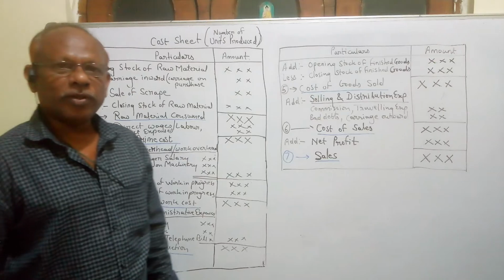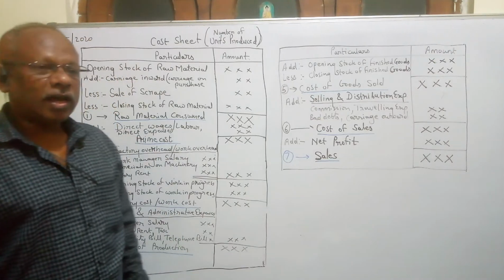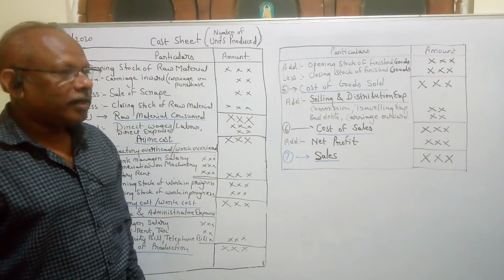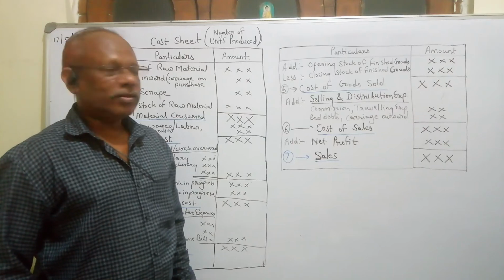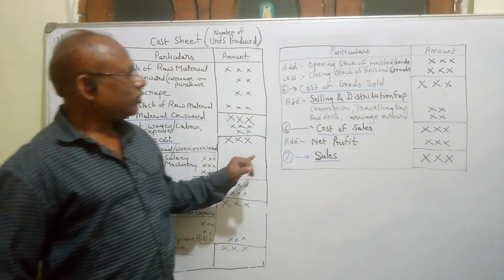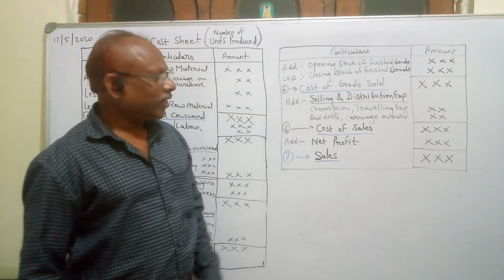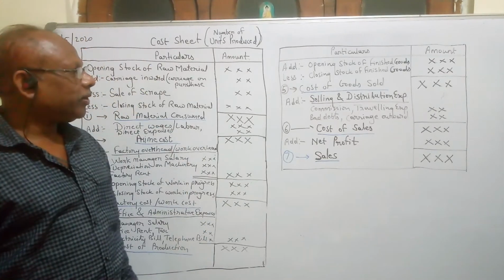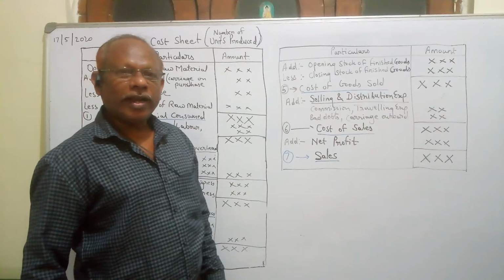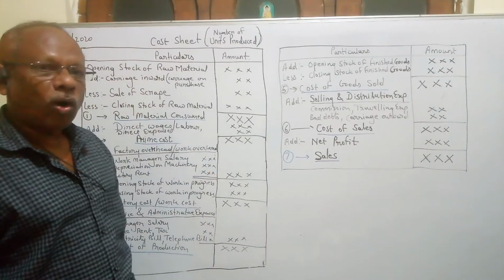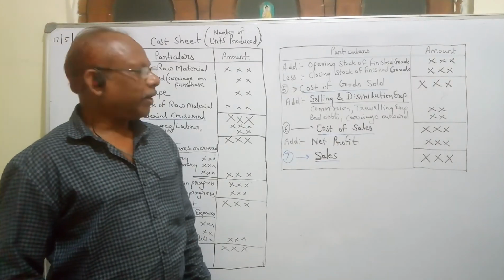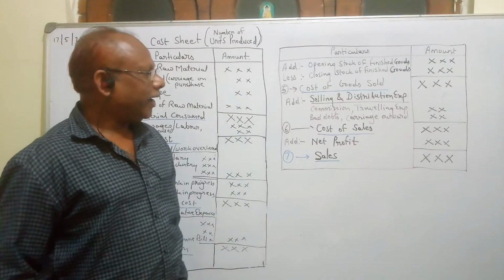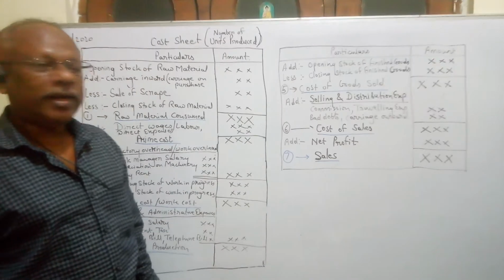Selling and distribution expenses are those expenses which are included in selling processes, right? Selling processes means commission to salesman, traveling expenses, conveyance to salesman. Bad debts is related with the debtors who had not paid the debts of the company. This is also added because it is a bad debt.